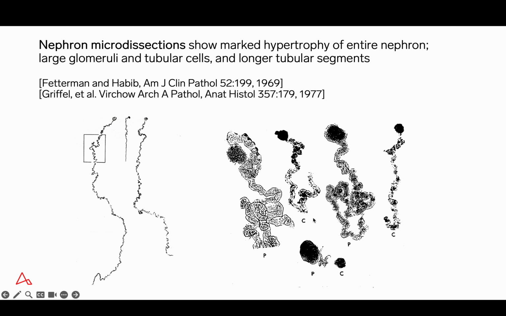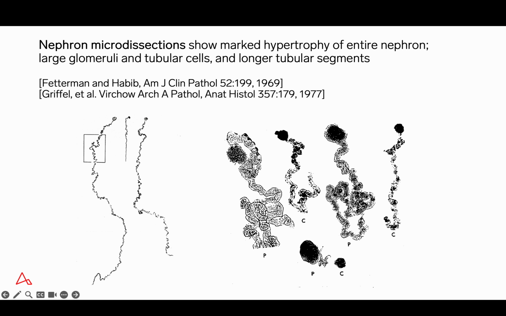Similarly, here on the right side, we have a normal control, second and fourth, whereas the first and third microdissections are oligomeganephronic nephrons. And as we can see, the glomerulus is a much larger diameter, the tubular diameter is larger, and the length of the tubule is longer.